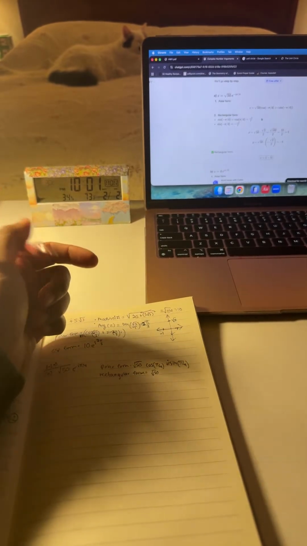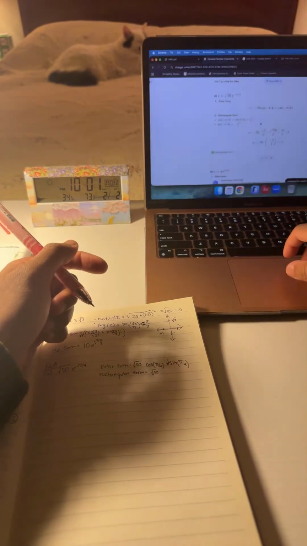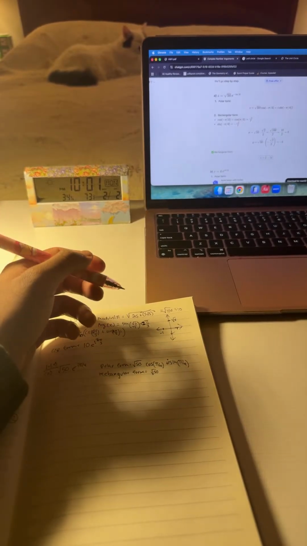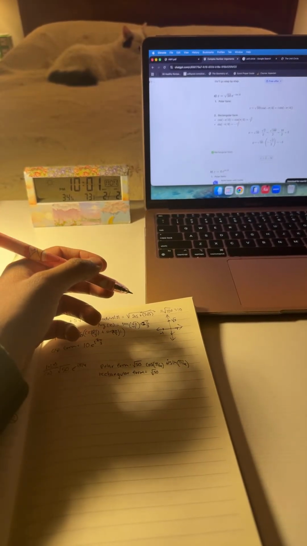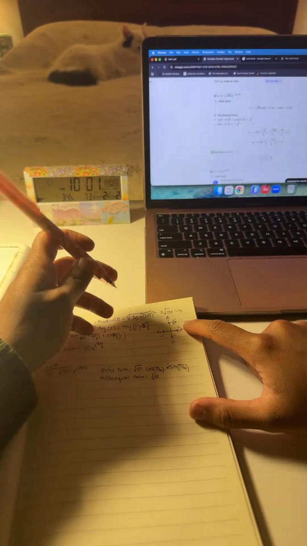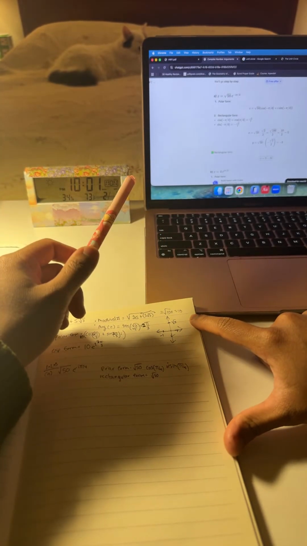Actually no, degrees could help. So 180 divided by 4 is 45.